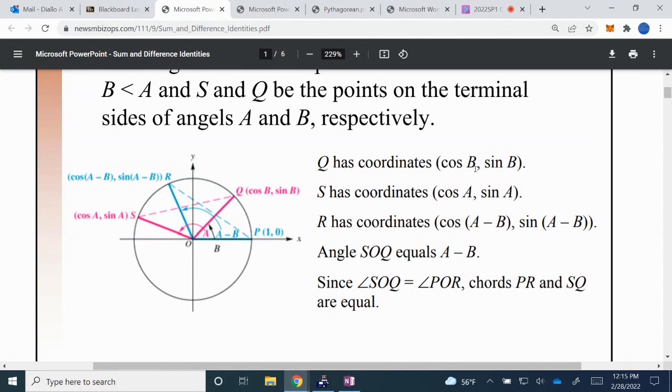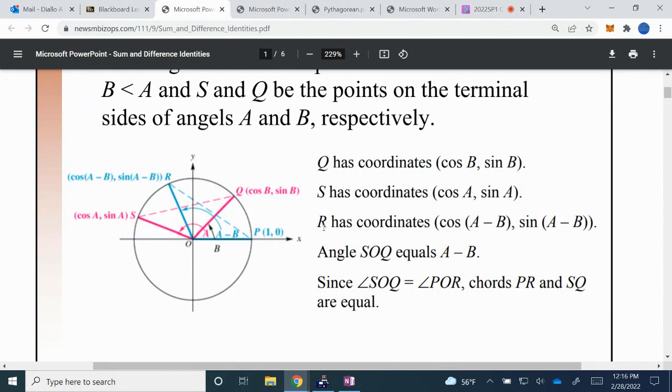Q has the coordinates cosine B, sine B. So here is Q, which was our angle B. Remember that the first coordinate is the cosine of your angle. The second coordinate is the sine of your angle. S has the coordinates cosine A, sine A. So here is S, the terminal side for angle A.